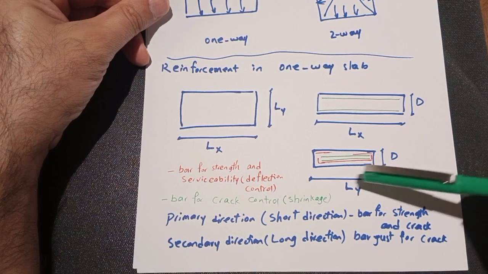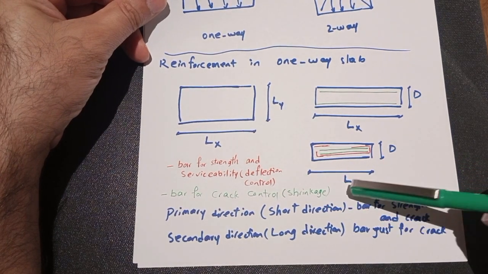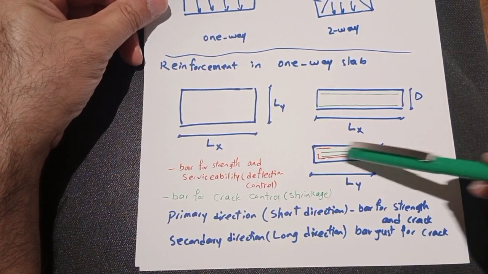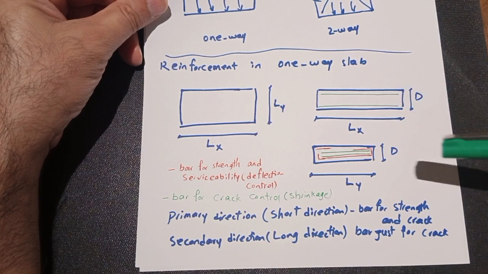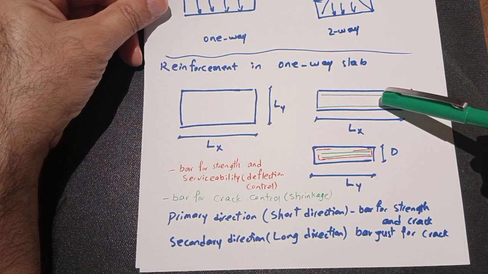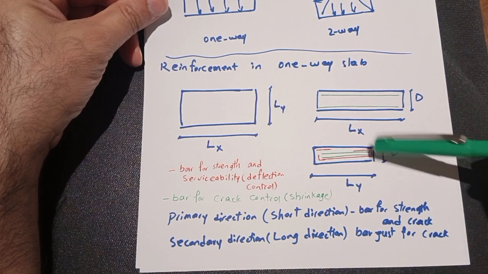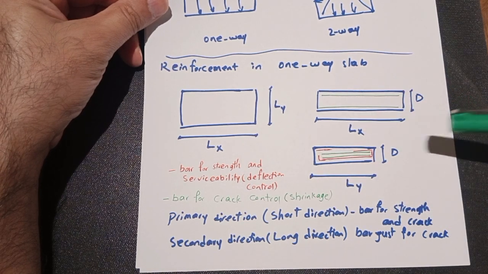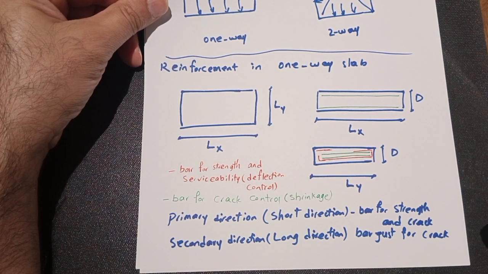So if we want to control for shrinkage, deflection and strength, we will have top and bottom reinforcement here and top and bottom reinforcement for the other direction. But remember, if we don't need to check shrinkage control, we don't need to put any reinforcement in Lx, the short direction.